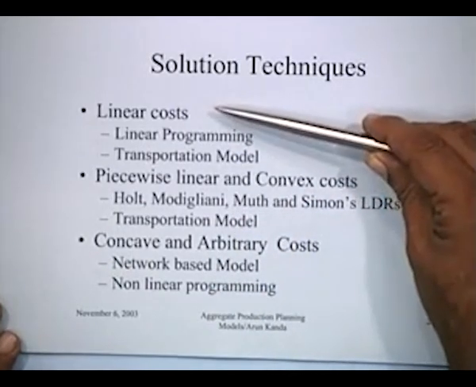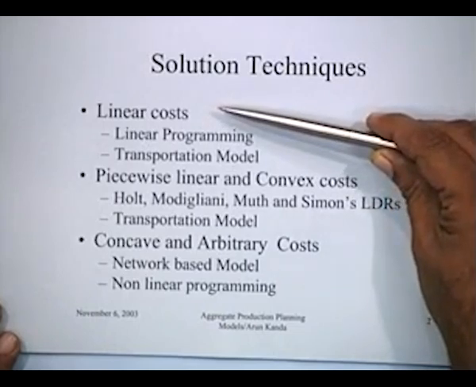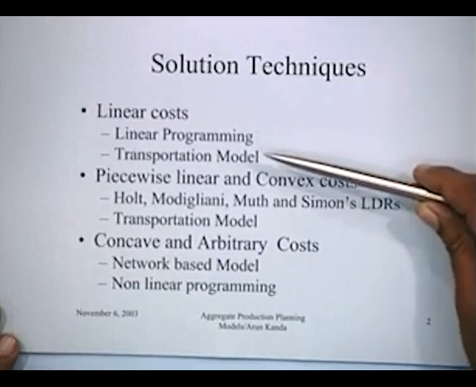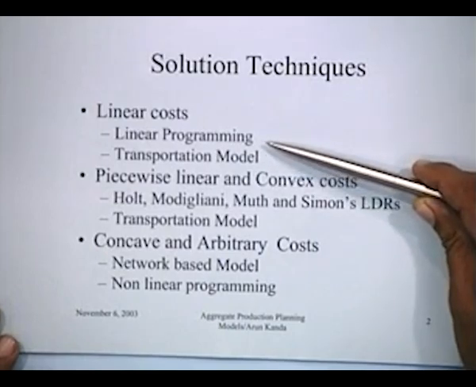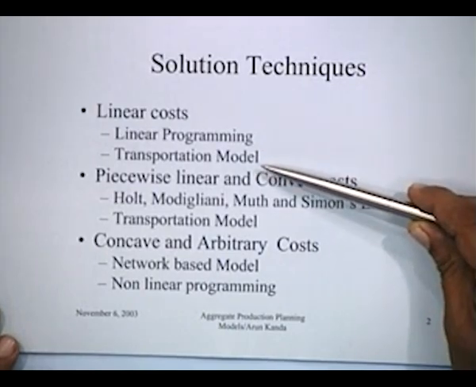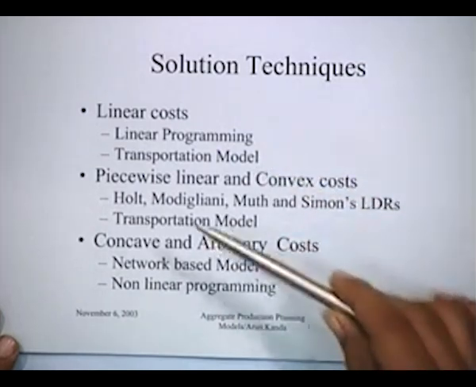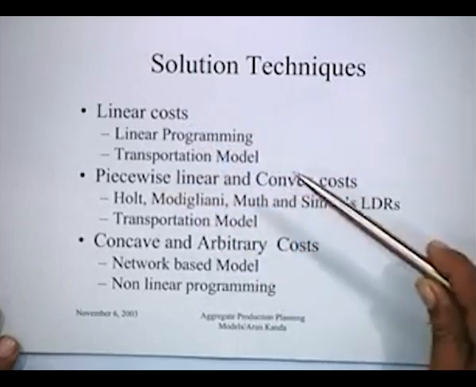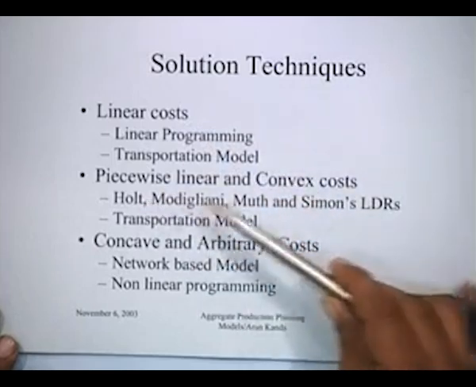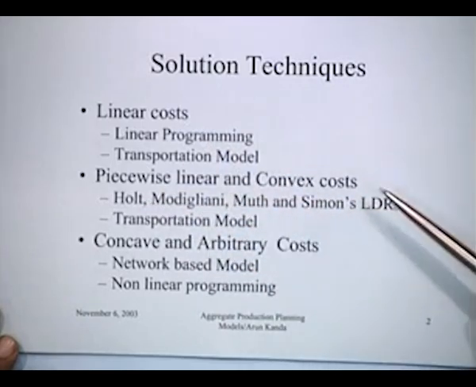For instance, if the production costs and the costs of holding inventories are linear, then you can use linear programming and also the transportation model for solving the problem. An extension of the linear cost case is the situation where you have piecewise linear and convex costs.